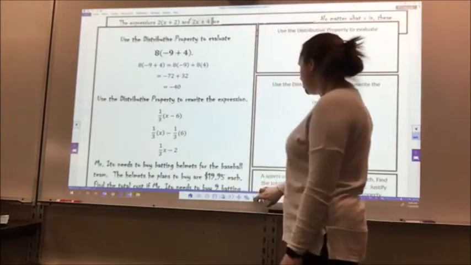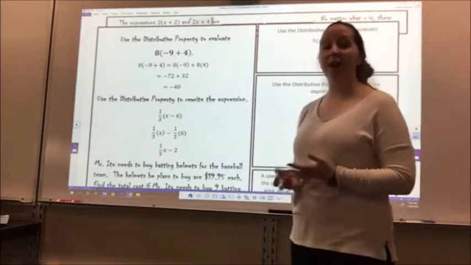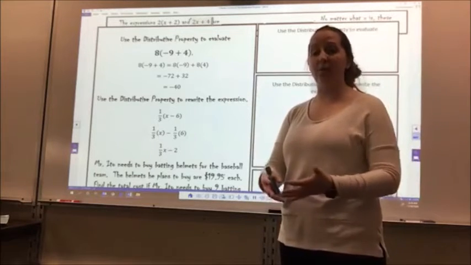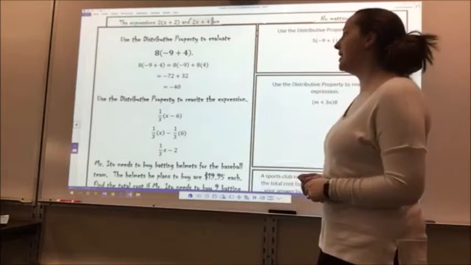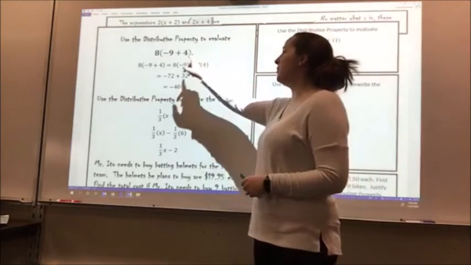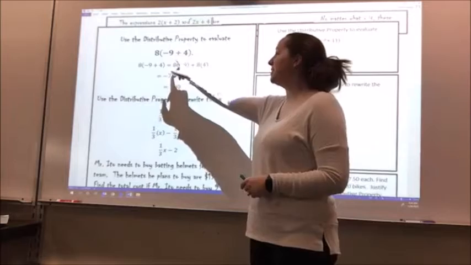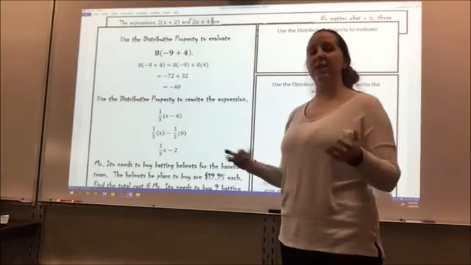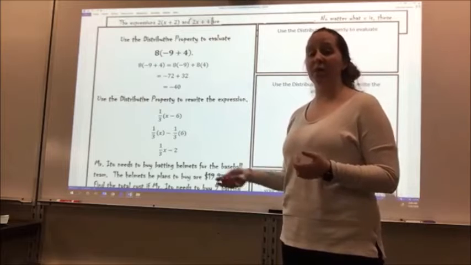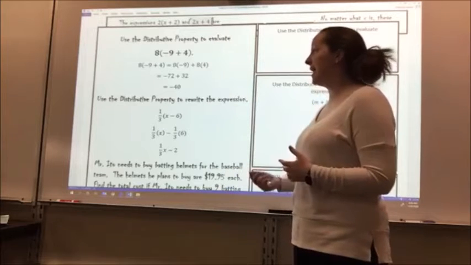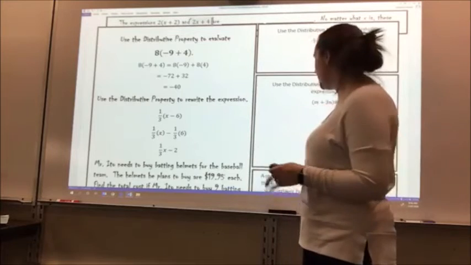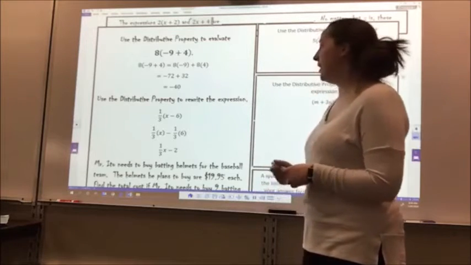All right, so we can use the distributive property to actually evaluate our expression. Kind of like what I did where I substituted in the 1 for the x value, you're doing the same thing. I can use the distributive property to evaluate 8 times the quantity negative 9 plus 4. So instead of doing what's inside the parentheses first and doing negative 9 plus 4, which I would get negative 5, and then my answer, I'm going to actually use the distributive property and multiply to each one of these.